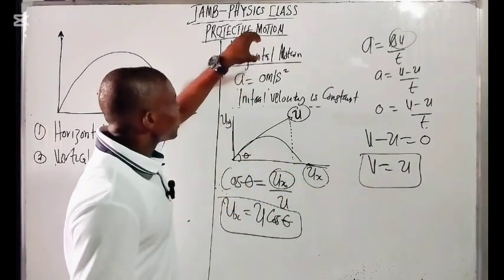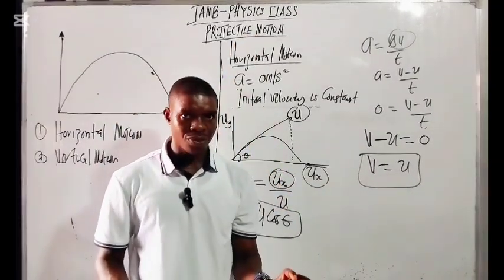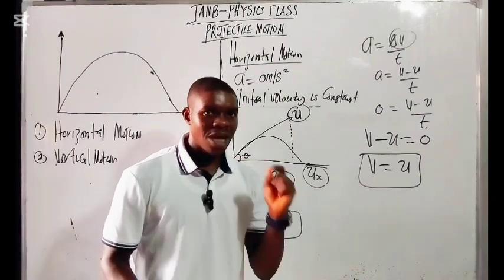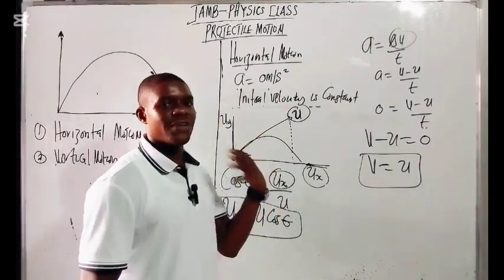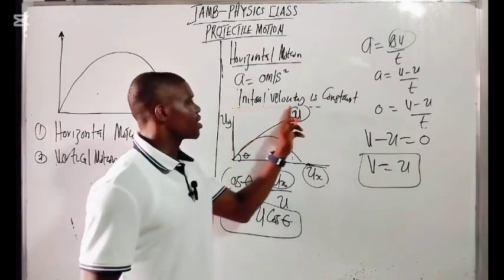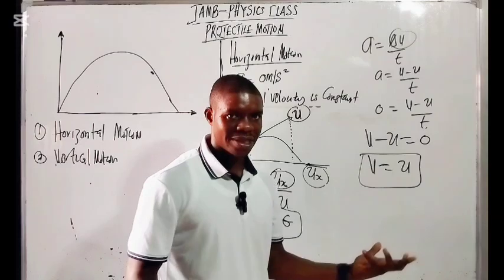So in horizontal motion, acceleration is always equal to 0. There's no acceleration happening on it. And if my acceleration is 0, my velocity is constant. That is, the change in velocity is constant, so the initial velocity is constant. Why? Because the initial velocity equals the final velocity, right?